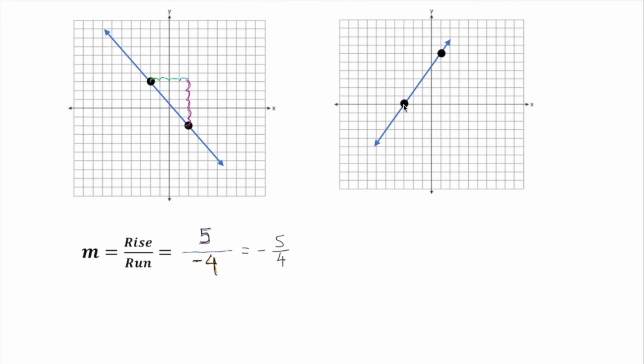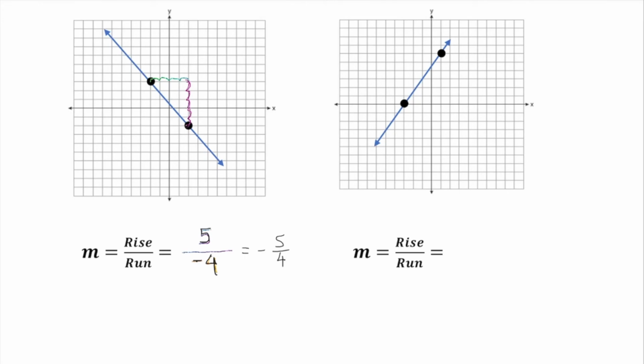Let's take a look at this one. Again, it depends on where the point is. I started at the bottom one before. I'm going to start at the top one this time. So I have this slope again. What is slope? It's rise over run. From the top point, instead of rising up, we're rising down.